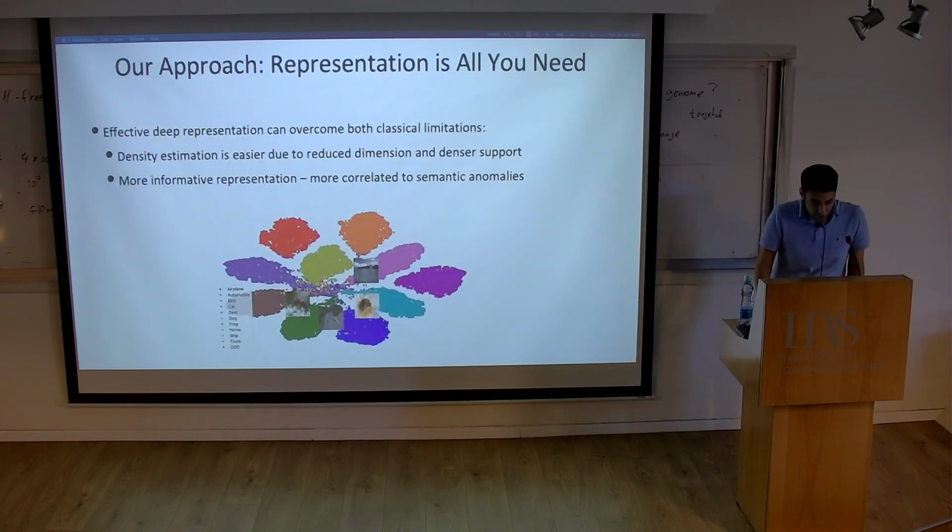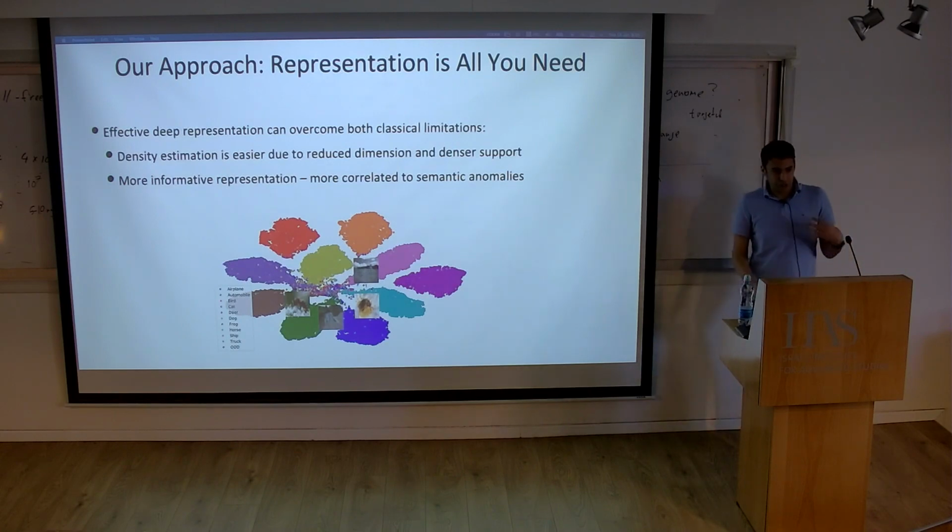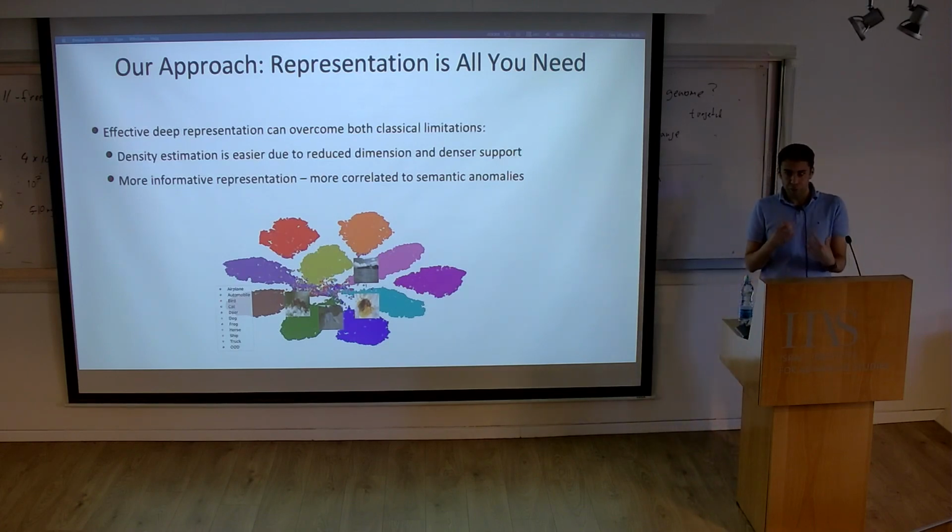Okay, so our approach is to use deep learning in order to give us better representations. What do I mean by better representations? I mean that the distances between the representations are correlated with the factors that we find most semantically important.